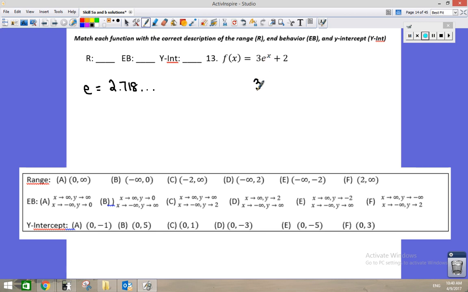What you prefer to see is some number like 4 raised to the x power, then plus 2. But you just have to learn to think of this e as a number, like 4, only that e is an irrational number.